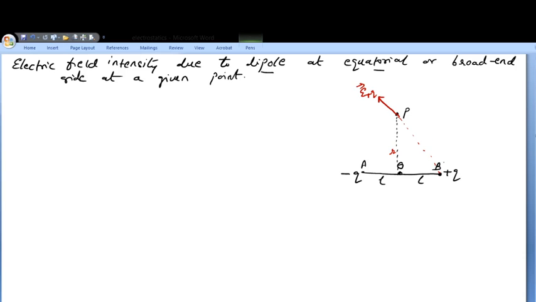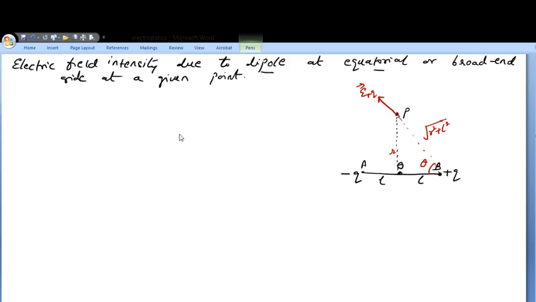Now what is the distance P and B? For the distance P and B, you use the Pythagoras theorem. So it will be root of R square plus L square. So this is basically the distance between P and B. And we assume let this angle here be theta. Now what will be the electric field due to minus Q?